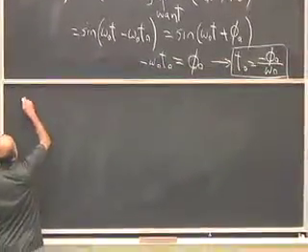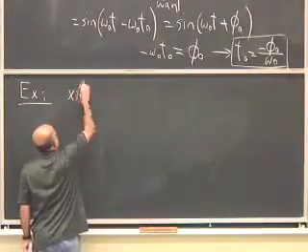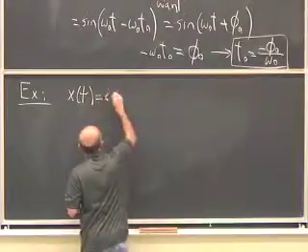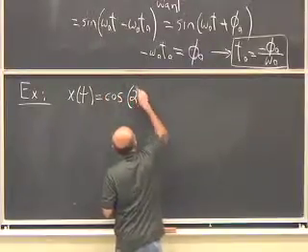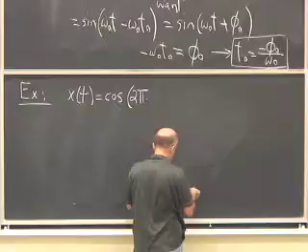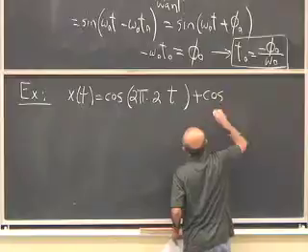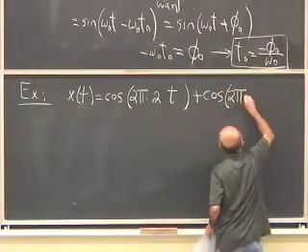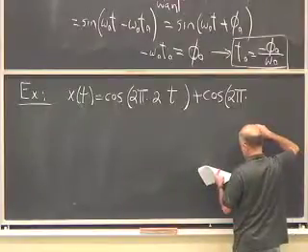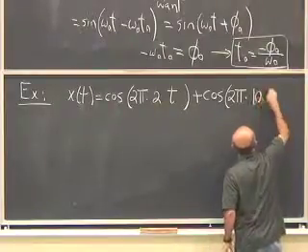Suppose I have a signal x of t, which is cosine of 2 pi times 102t plus cosine of 2 pi times 100t.